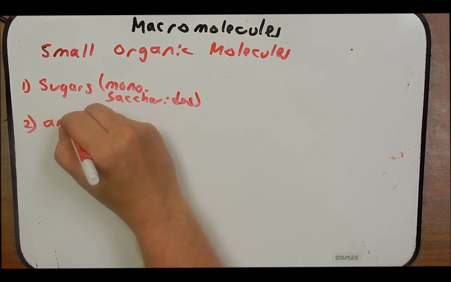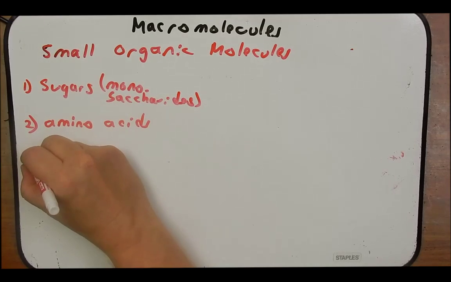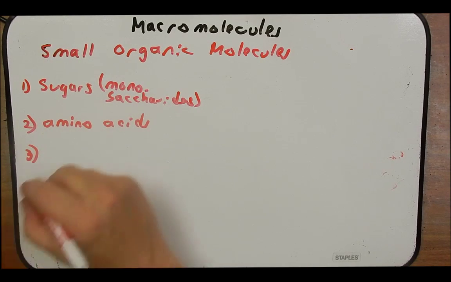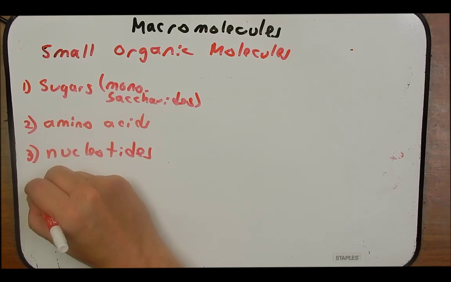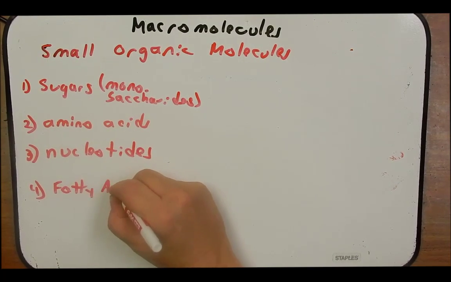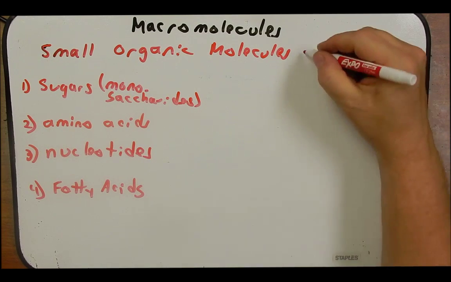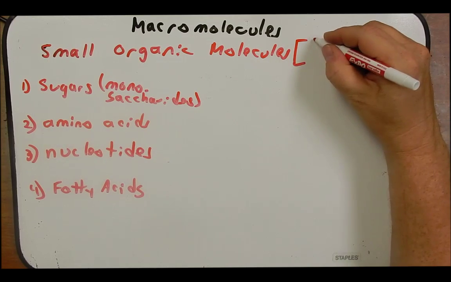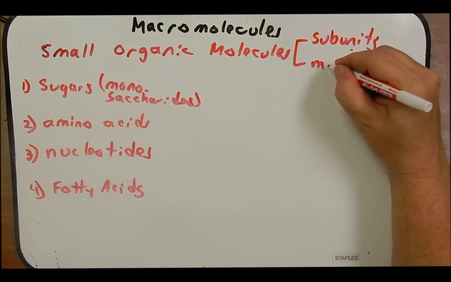Amino acids will be our second one. Our third will be nucleotides. Our fourth will be fatty acids. Sometimes we will call these small organic molecules subunits, and sometimes we'll call them monomers.